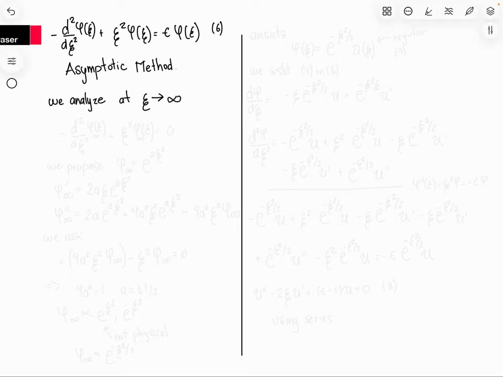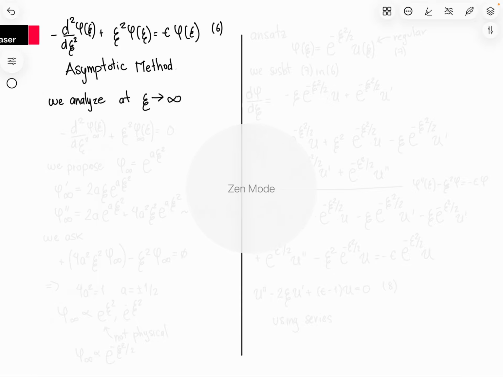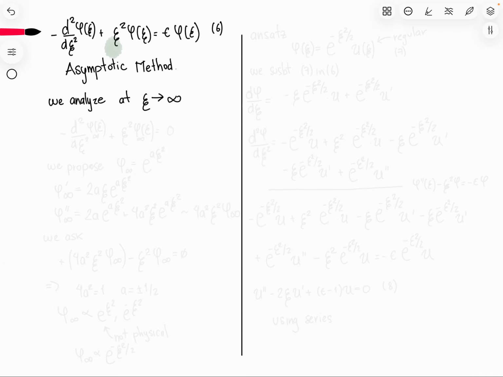Okay, let's do it. So, for example, let's take the equation 6 and we take it at infinity, the psi value at infinity. At infinity, the term here will lead, and we will make disappear this one because this term has a psi square and this has a constant. So when psi is going to infinity, this term will vanish basically.